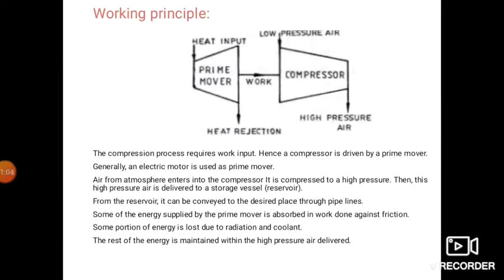As we can see in this diagram, low pressure air is provided to the compressor, which converts it into high pressure air. This high pressure air is then delivered to the reservoir or a storage vessel. From the reservoir, it can be conveyed to the desired place.